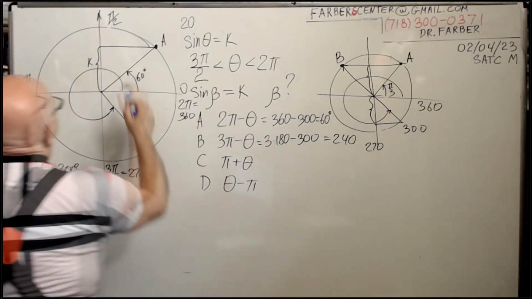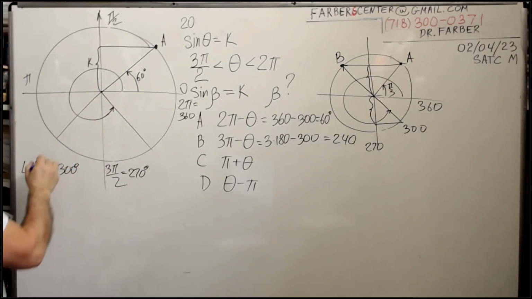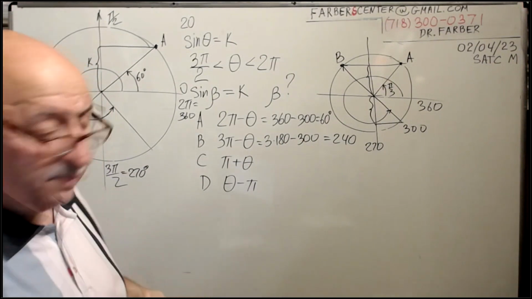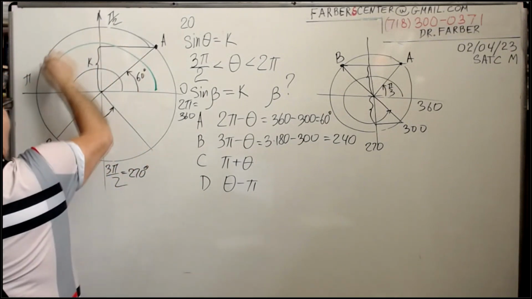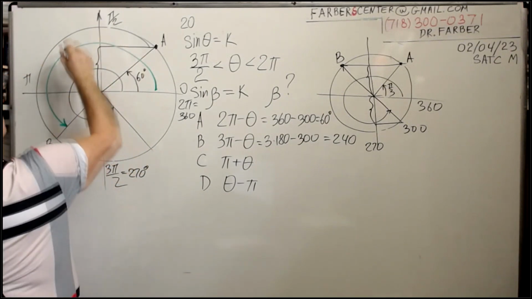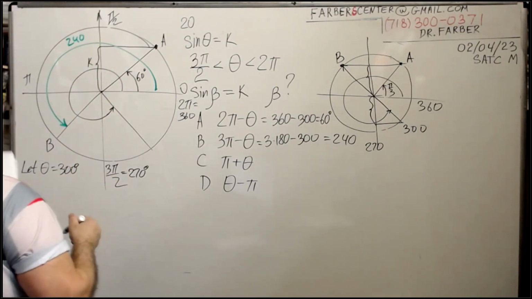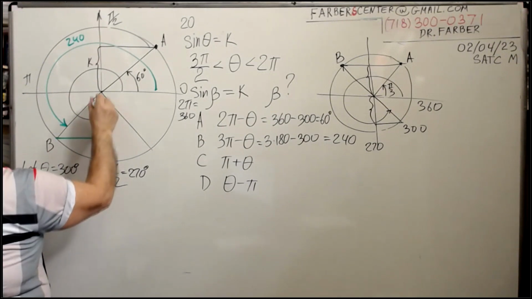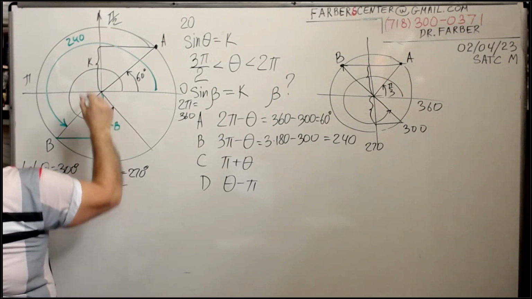This is 180 plus 60. This is B. And this is 240 degrees. I use a different color. And this is k_B. And this is k_A.